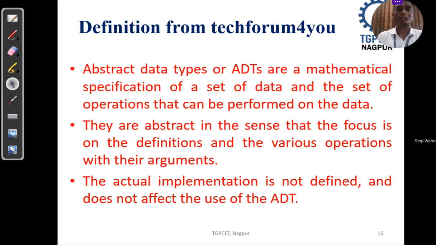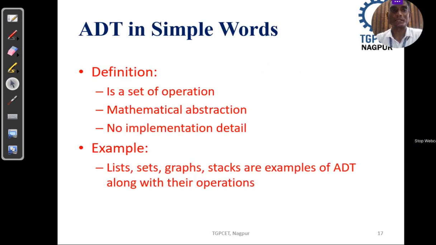Then there is a very well-known website, Tech Forum for You. Generally you will find various recent blogs put up by industrialists or IT guys there. There they have mentioned the definition that abstract data types are the mathematical specification of a set of data and the set of operations that can be performed on the data. The actual implementation in case of the abstract data types is not defined at all, and it doesn't even affect the use of the abstract data types.